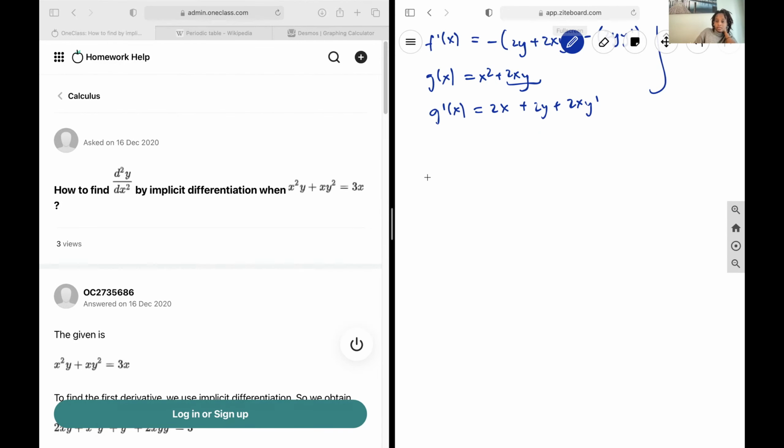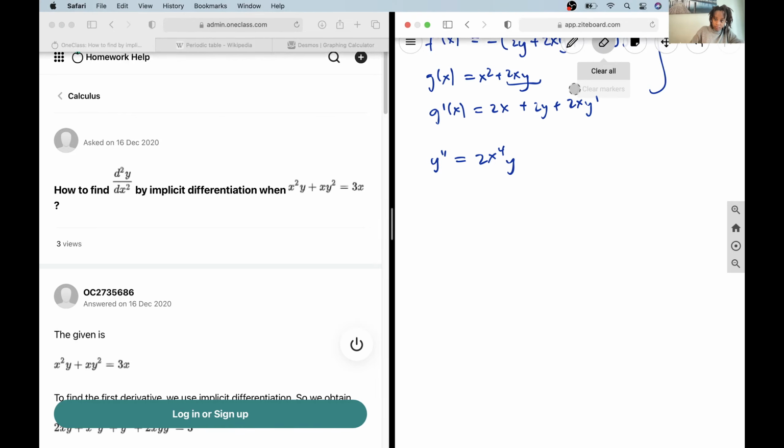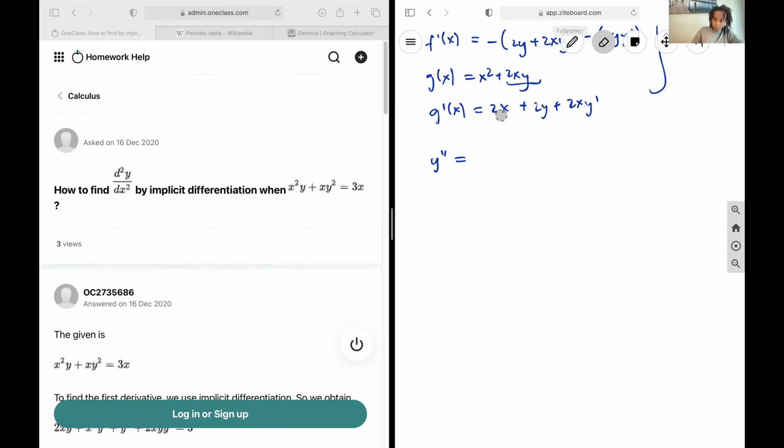And from this, we get the second derivative is equal to, sorry, let me just write out everything so it's clear.